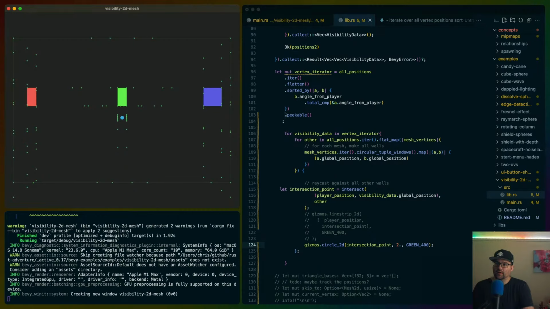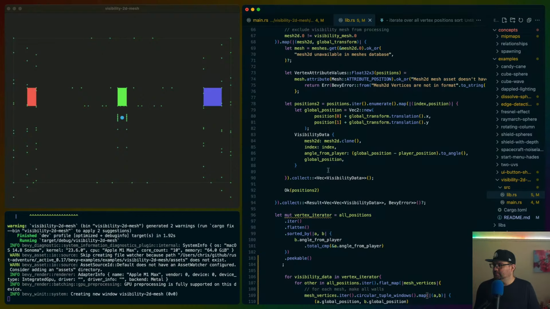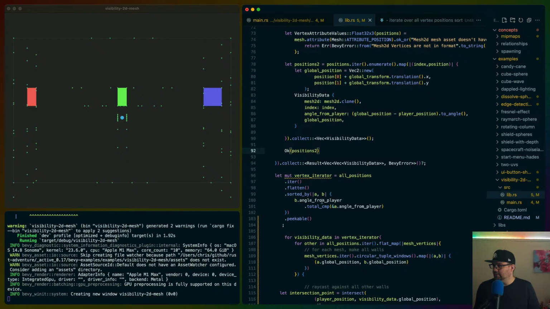Right, here's all of our alleged intersection points. Where's our vertex iterator?